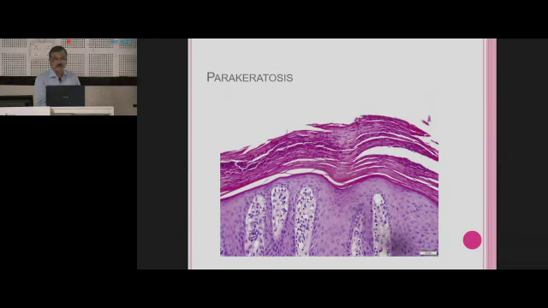This indicates rapid proliferation of keratinocytes, which is one of the pathophysiologies of psoriasis. It takes only 2 to 3 days instead of 4 weeks to proliferate the keratinocytes, which is similar to nucleated RBCs in the peripheral smear indicating proliferation of the bone marrow.